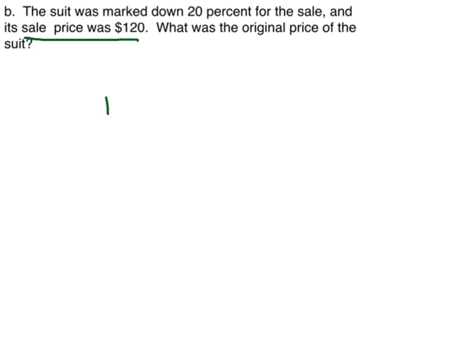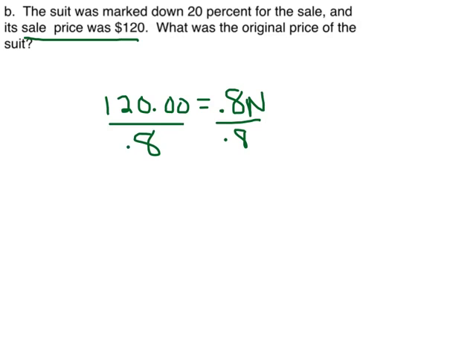So we're going to set it up like this. $120 is 80% or 0.8 of what number? And then if I divide by 0.8, I'm going to get $150.